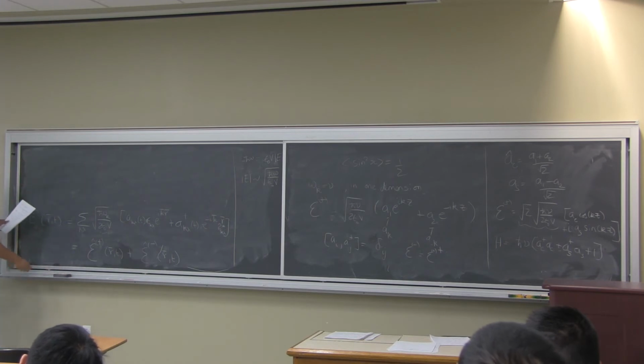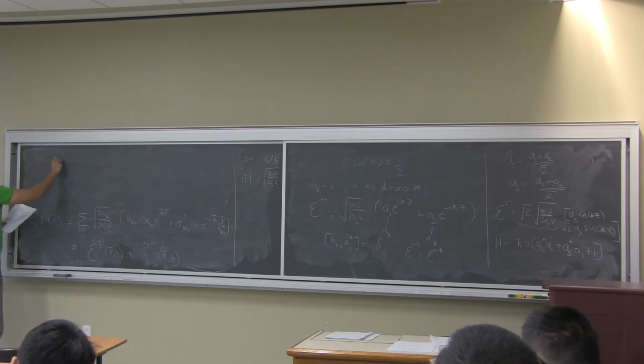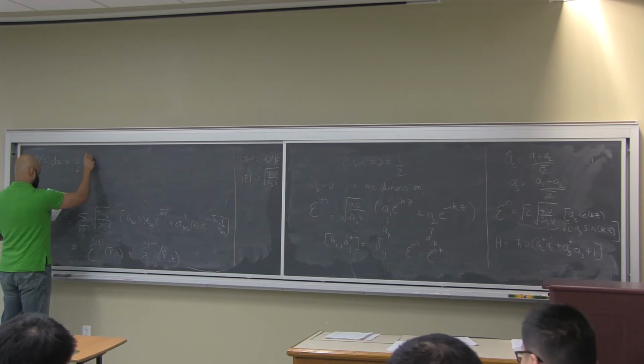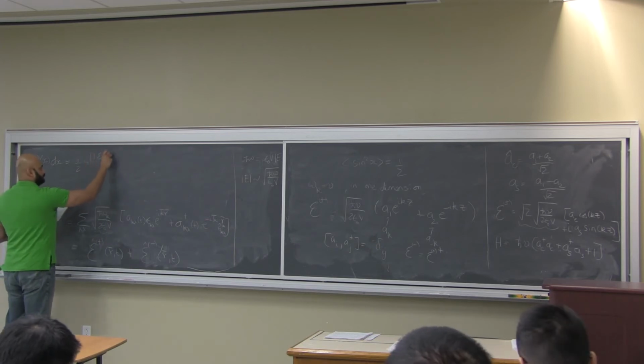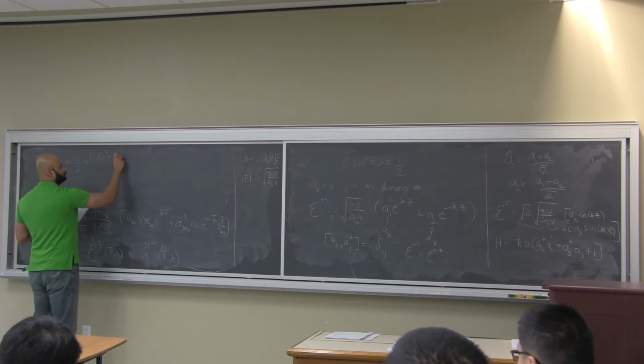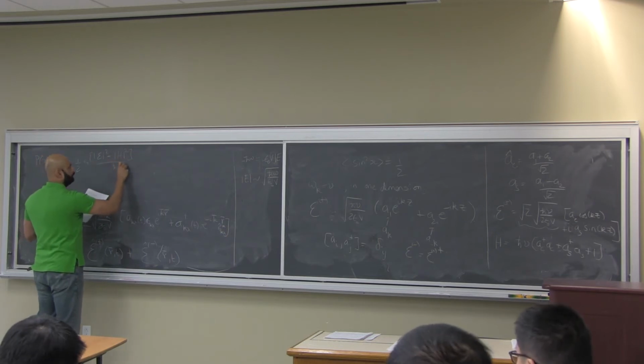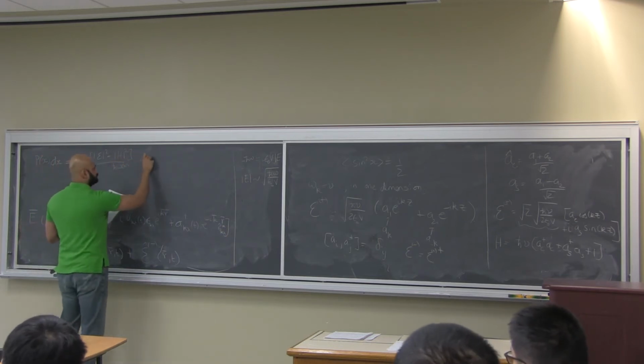So he said that p of x dx, the probability density p of x, is equal to one half epsilon naught times E squared plus H squared, divided by h bar omega of x, times dx. But you can see this is a problem.